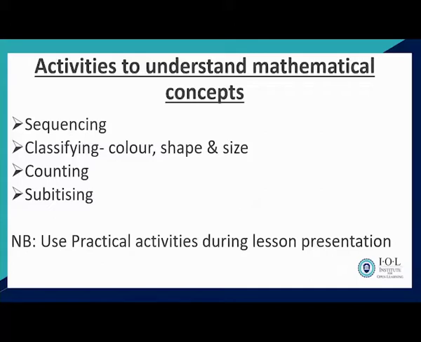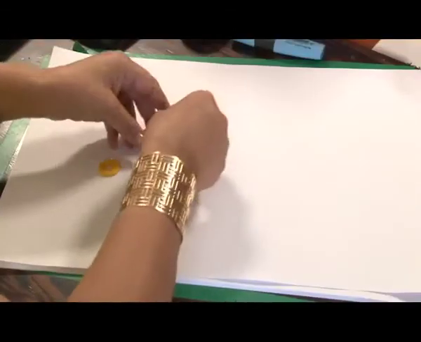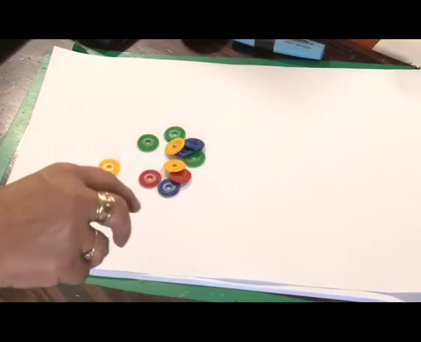Now when it comes to sequencing, what is sequencing? Sequencing is simply to put things in order. So I can use counters, I can use bottle caps.